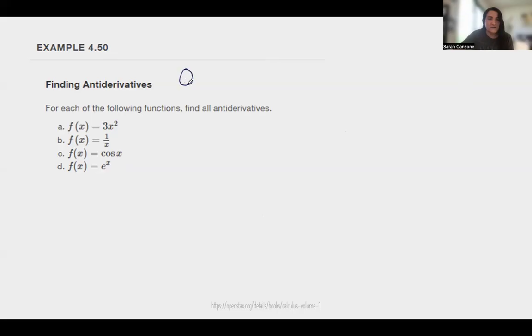The question we'll ask ourselves is, what do we have to take the derivative of to get f of x? That will give us our solutions.